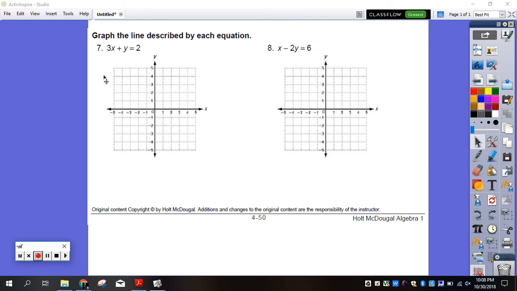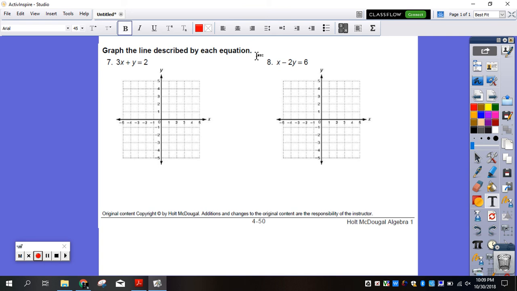The first one, using the intercepts, you have to remember that the x-intercept is where y is 0 and the y-intercept is where x is 0. So if I use that, I can start first by replacing my y with 0 and then solving for x to get my x-intercept.